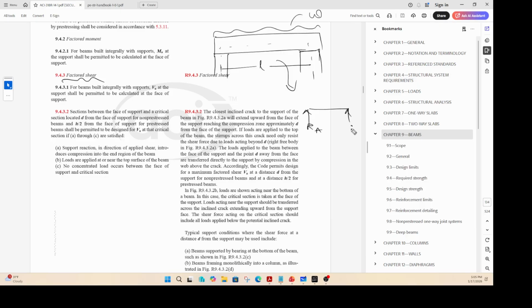This is A, this is RA, this is RB, and this is your W. So RA is equal to WL by 2, RB is equal to WL by 2, but you don't design the beam for WL by 2 in this particular case.